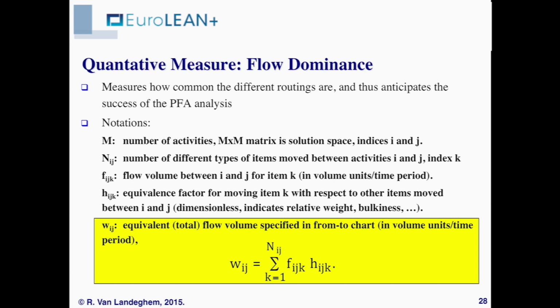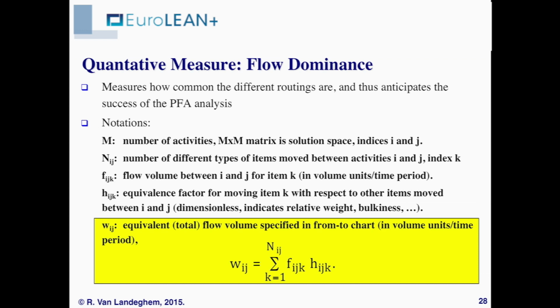The flow dominance measure will start by the total equivalent flow volume that is determined starting with the flow volumes between each item, and obviously this will mean that we will look at operation sequence and also look at the yearly demand, and from that we can determine the flow volume.